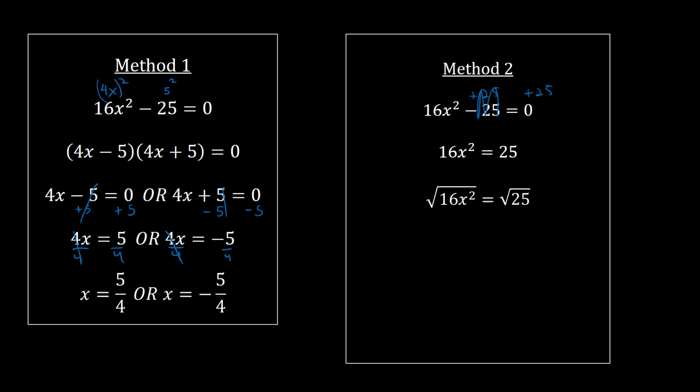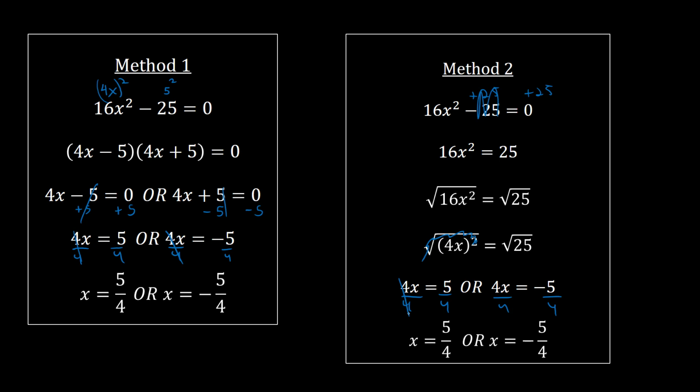When I take the square root of 16x squared, the square root of 16 is 4, and the square root of x squared would just be x. Or I can think of 16x squared as 4x squared. Either way, I get 4x back out. So I get 4x equals the square root of 25, which is either 5 or negative 5. Then solve for x by dividing both sides by 4, and I will get x equals 5/4 or x equals negative 5/4.